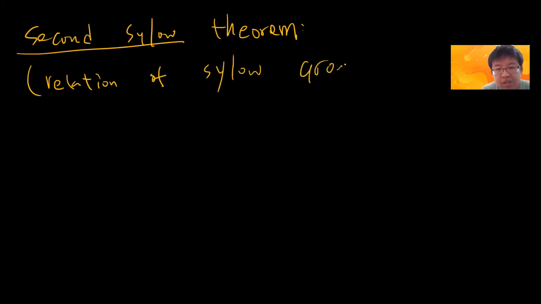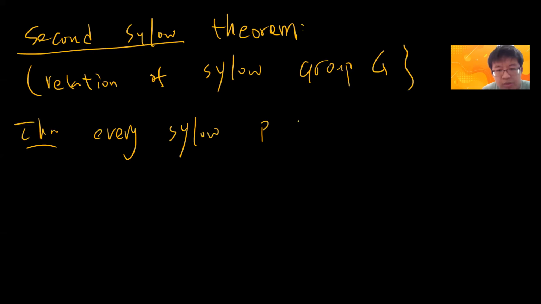The second Sylow theorem says that every Sylow p-group of G, this kind of group with the largest prime power p, is conjugate to each other.